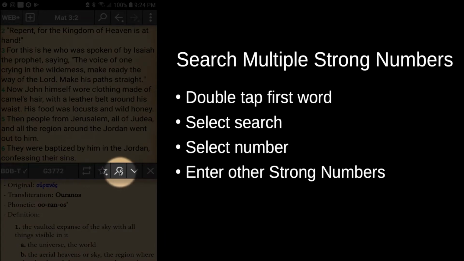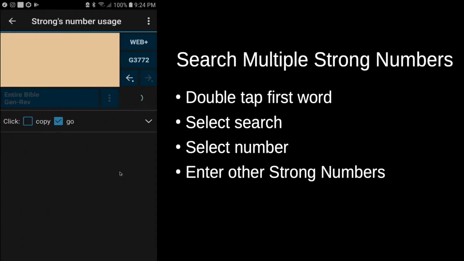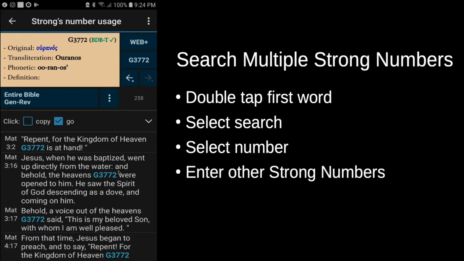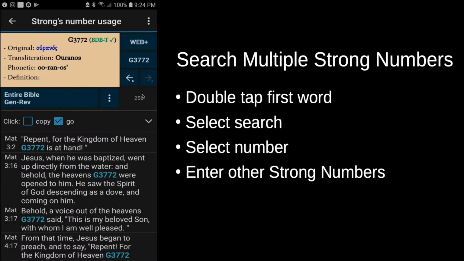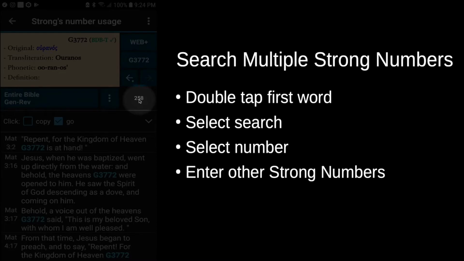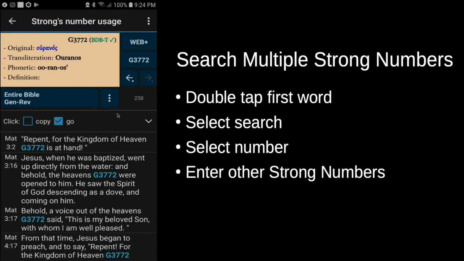So let me tap here. And that's pulling up a search for ouranos, and it's in the World English Bible, and it's telling me that it's G3772. And right here it's telling me it's used 258 times. So I can see all the places where ouranos is used.